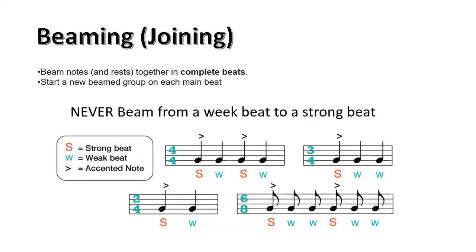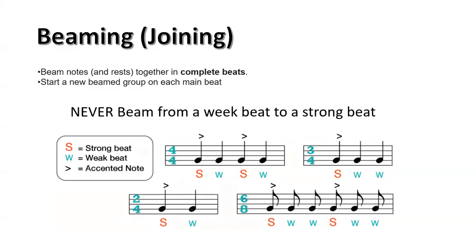Beaming. So beaming is joining notes together. Like when we said before about how you draw notes, it's about how to visually look at a piece of music and understand where every beat of the bar is at any time, so you can sight read. So you can look at it and say, well, I know that rhythm, I know that's on beat 3, I can see that's on beat 3 without having to count from the beginning, 1, 2, 3, and finding all the beats.